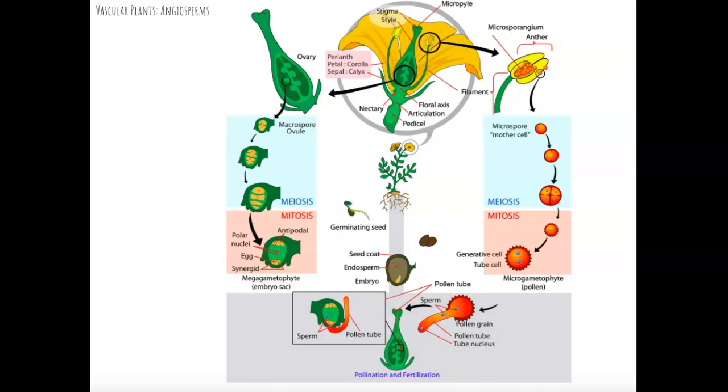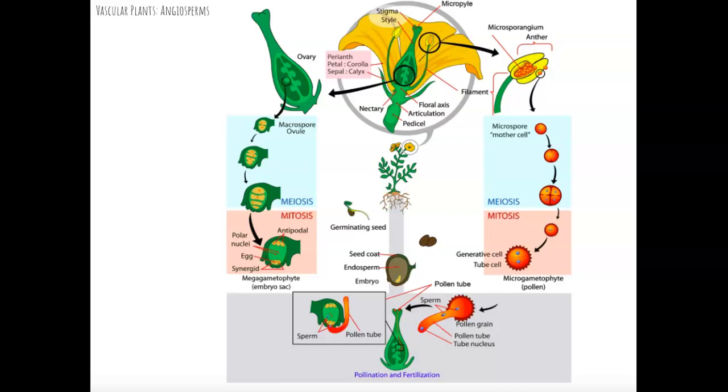In the male part of the flower, in the anther, there are microspores, which are the mother cells that undergo meiosis and create 4 of the pollen cells. And then each of those will go through mitosis to create a generative cell and a tube cell within that pollen grain.